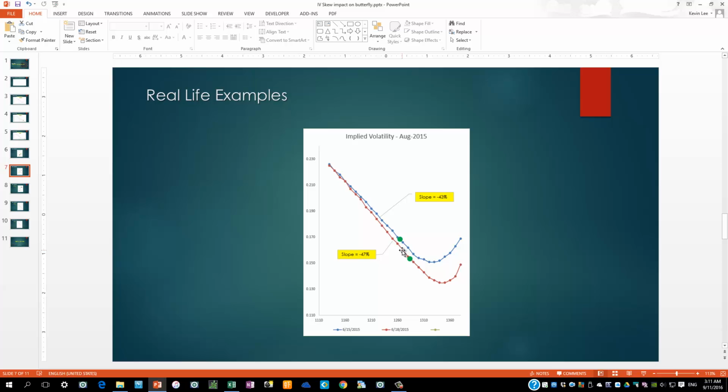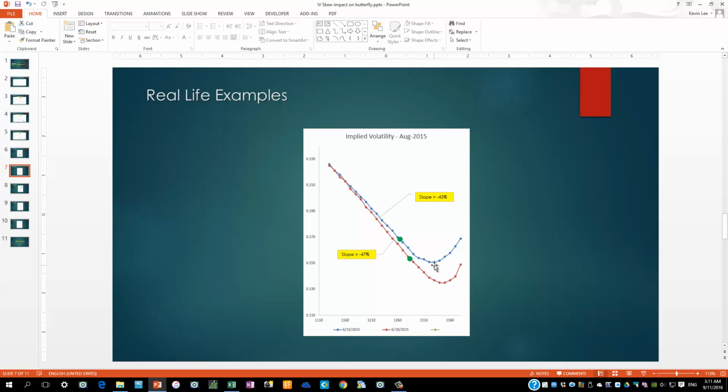Therefore, it is very important to pay attention to the right leg of a butterfly. The short strike and the left leg usually do not experience huge change in volatility as compared to the right leg. If the right leg steps onto any of these strikes, it will experience a much bigger drop.